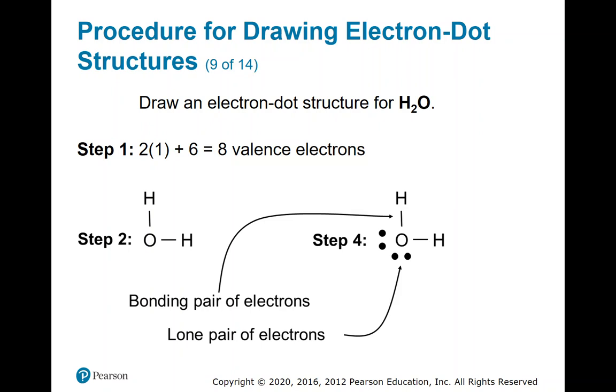Now, step 3 in this process, after you've attached those hydrogens to your oxygen, is to assign electrons to your terminal atoms, which in our case would be hydrogen, to complete their octets.